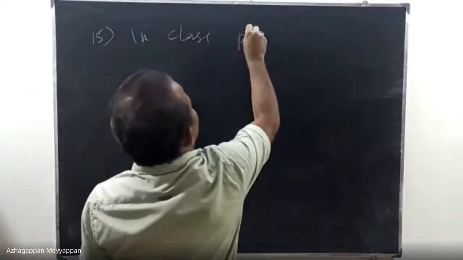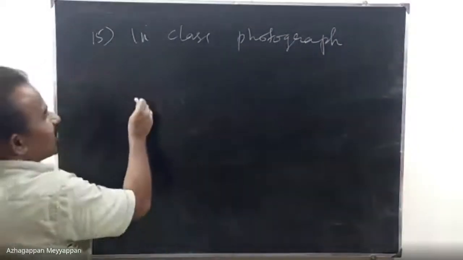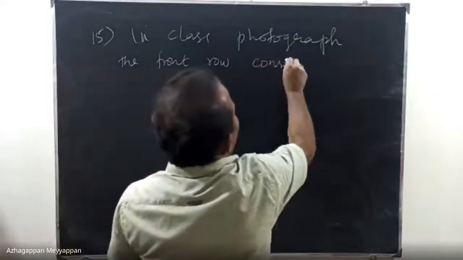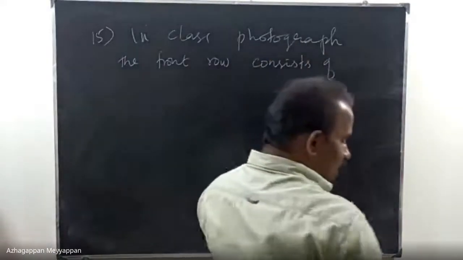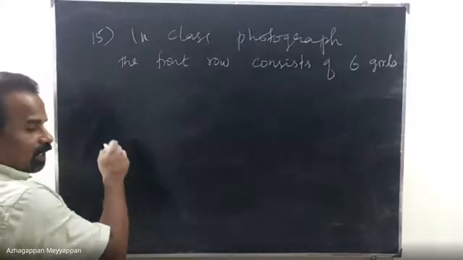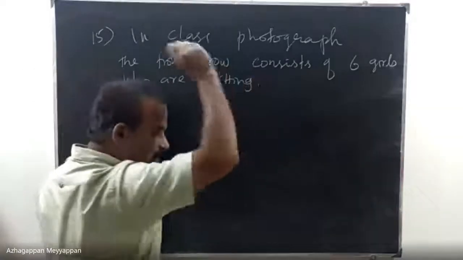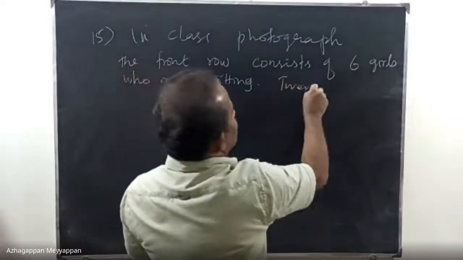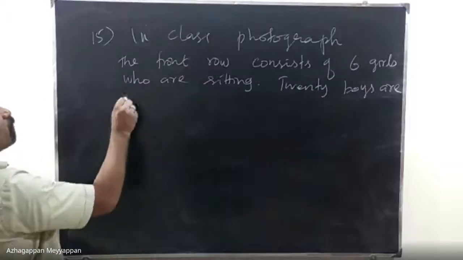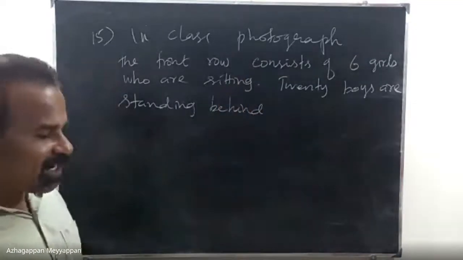In a class photograph, the front row consists of 6 girls who are sitting. 20 boys are standing behind.